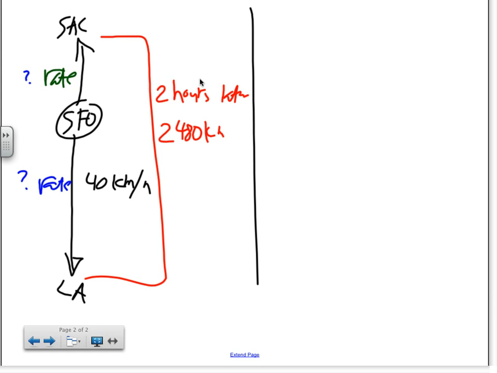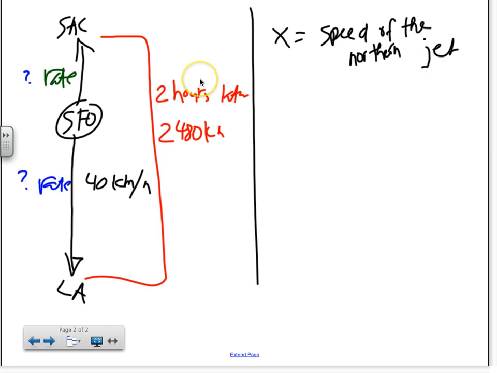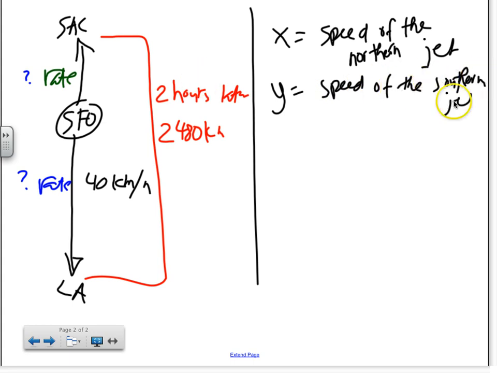Okay, so you want to say x is the speed of the northern jet, to indicate it's going north? Are we good with that? To make it short? And what else do we need to declare? Okay, so y is the speed of the southern jet, right?